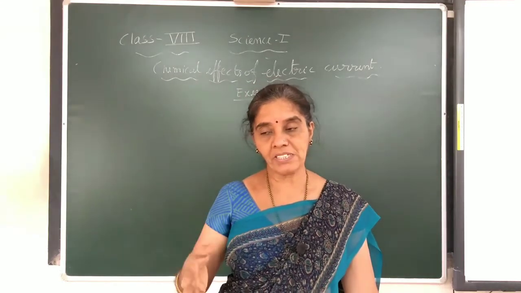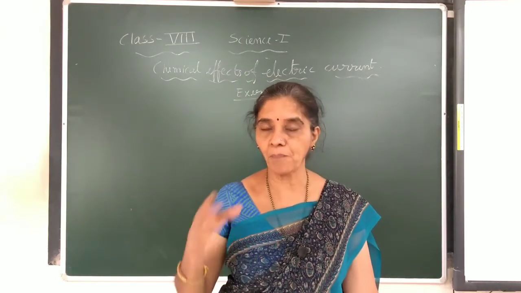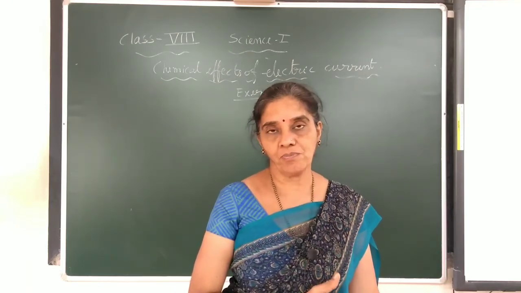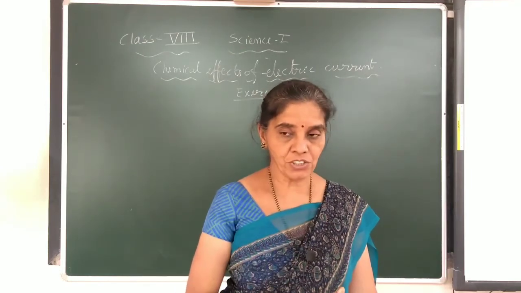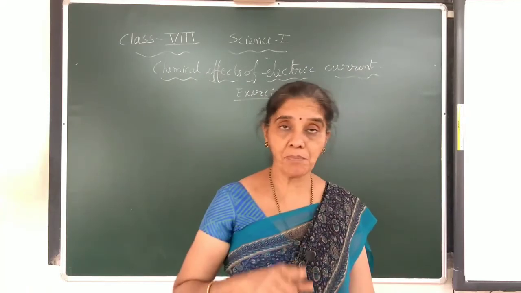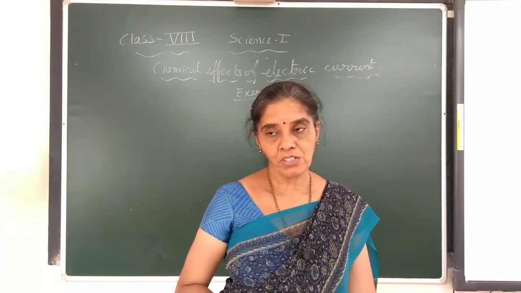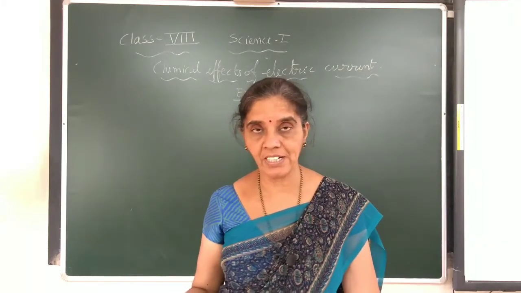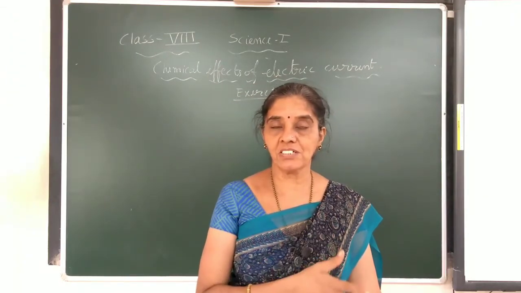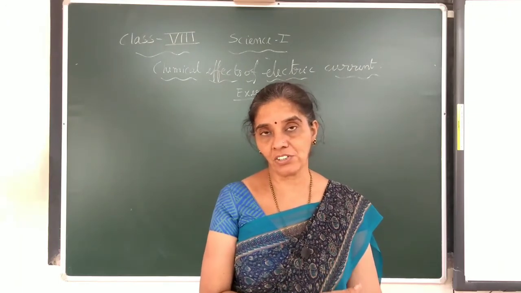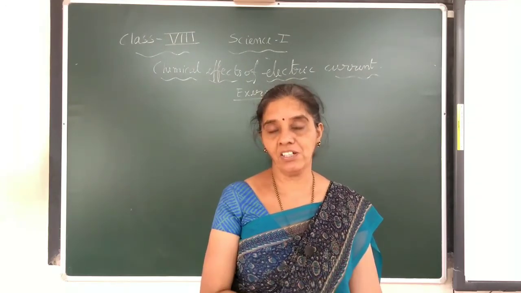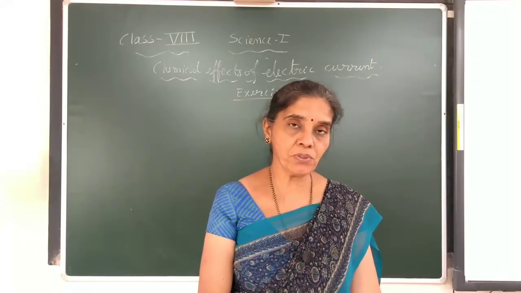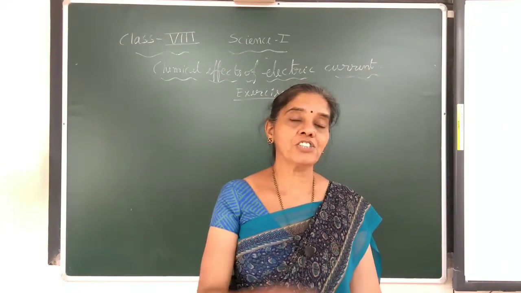When the cathode is occupied by the pure copper plate, the left out electrode is the anode, the electrode connected to the positive terminal of the battery. There we should connect the impure copper rod.